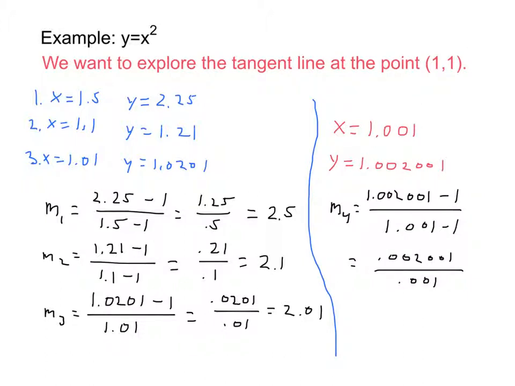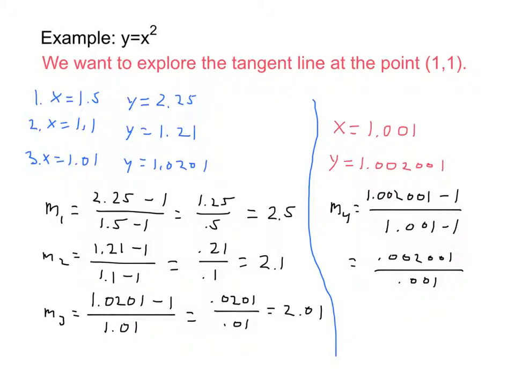Welcome back. Now in this case, I asked you to find the slope of the line that would connect the point when x is 1.001 and the point 1, 1. Well, when we put 1.001 into x squared, our y-coordinate is going to be 1.002001. And so the slope is just going to be 1.002001 minus 1 over 1.001 minus 1, which will give us this.